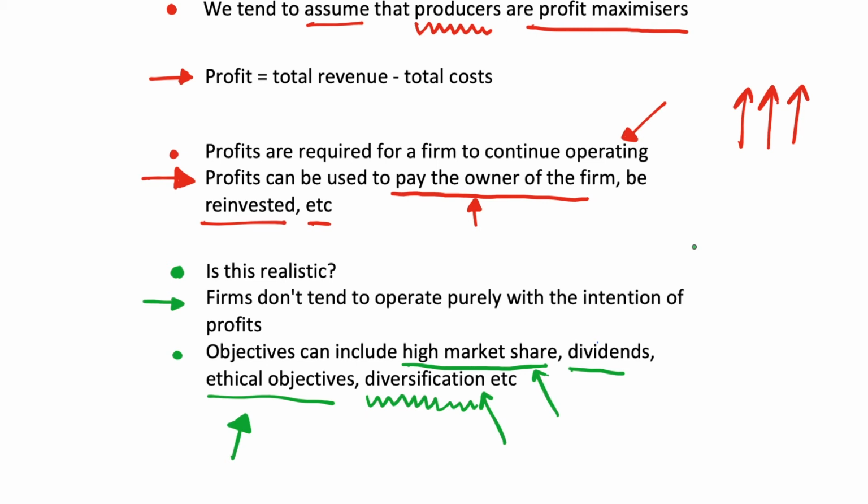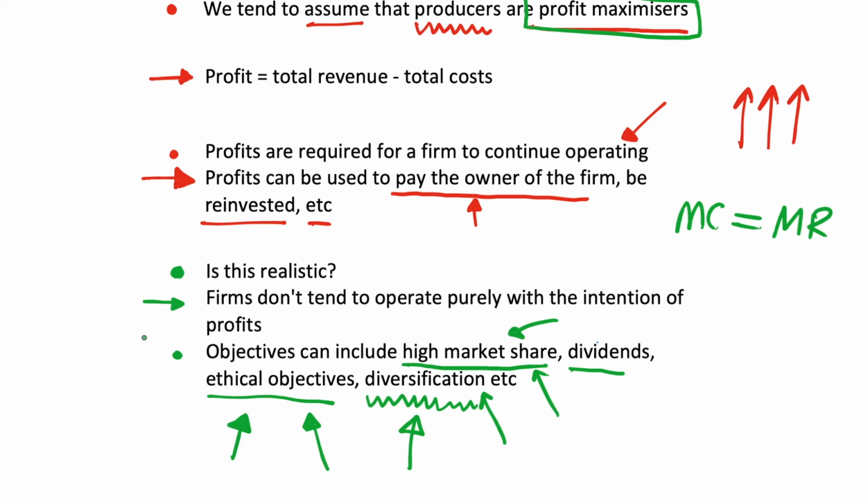And all of these things, we might argue they tie back into profits, and that increasing your market share is because in the end they want to increase their profits, and diversification and ethical objectives might improve the brand and they could offer as profits. But at the end of the day, these are not just basic profit maximization factors. When we think of profit maximization as an objective for a firm, what we tend to be thinking is that at every moment in time they're choosing their marginal cost equal to marginal revenue, and at every moment in time they're thinking, okay, I need to maximize my profit right now, and I need to maximize my profit in the future as well.